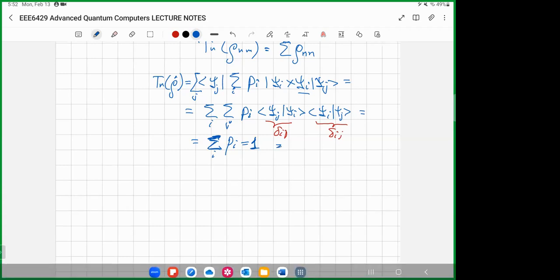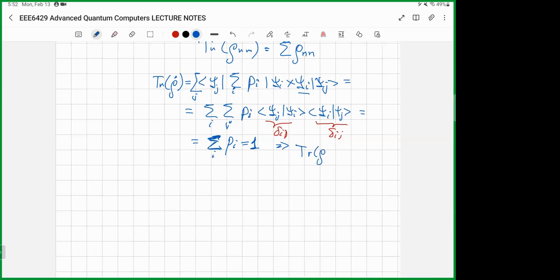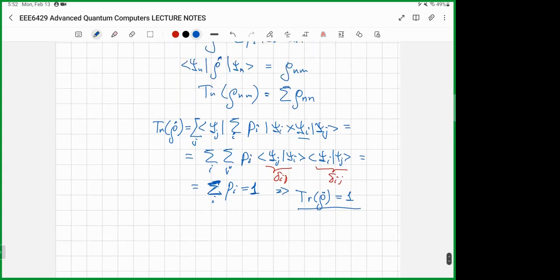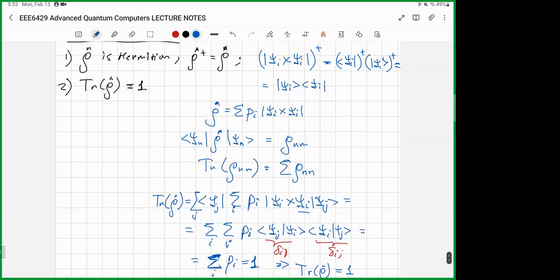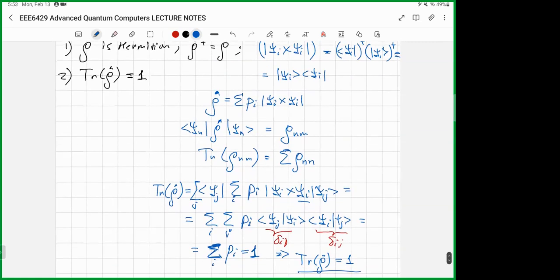So the trace of the density operator is always equal to 1 because of the definition of probability. Very good. Do you have any questions regarding this?